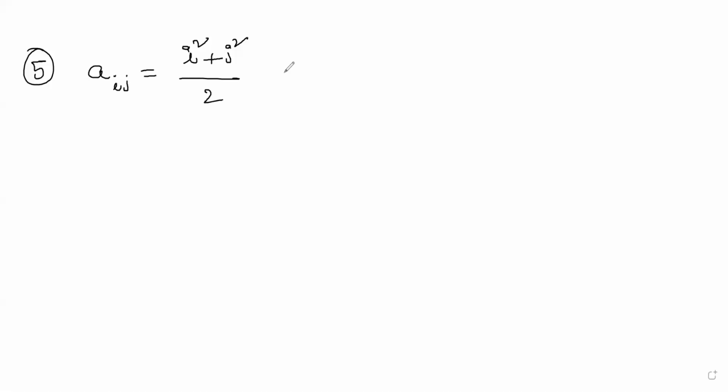This time, construct a 3 by 2 matrix where Aij is i square plus j square by 2. Construct a matrix.